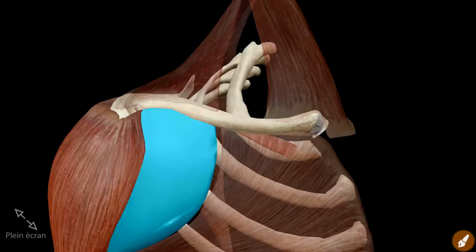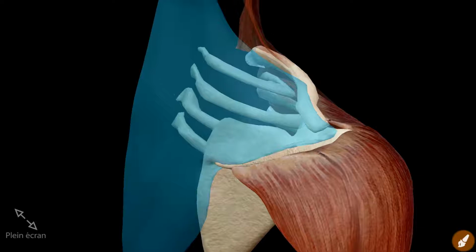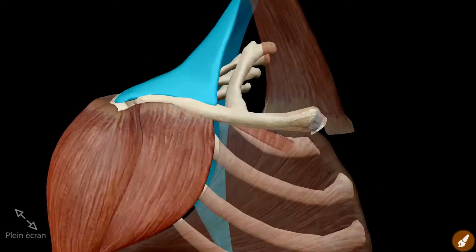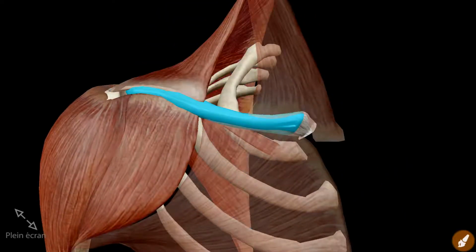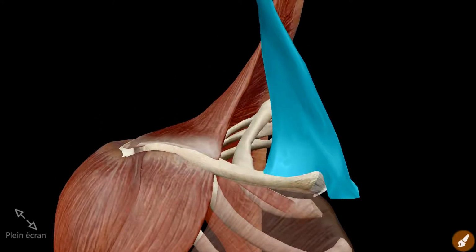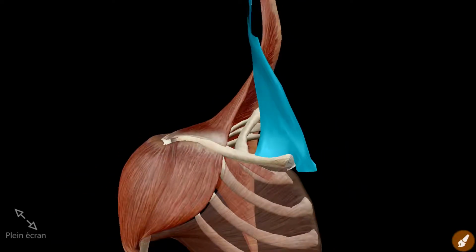As you see, in its lateral third, it attaches the deltoid muscle in front and the trapezius muscle at the back. In its medial two-thirds fits the sternocleidomastoid muscle.